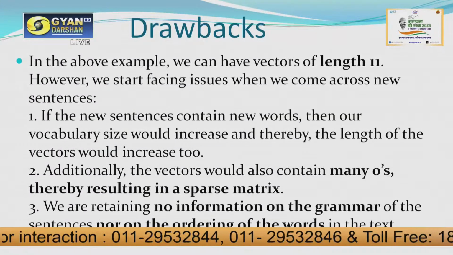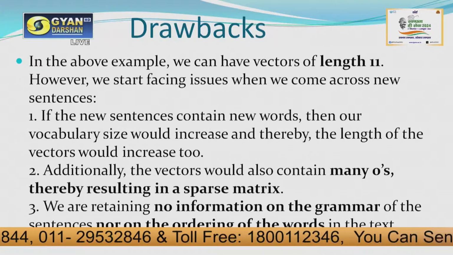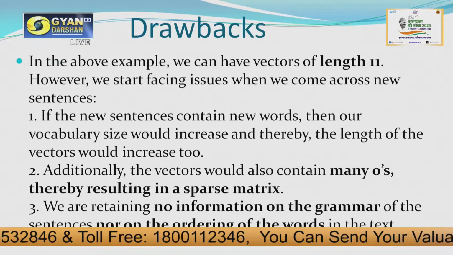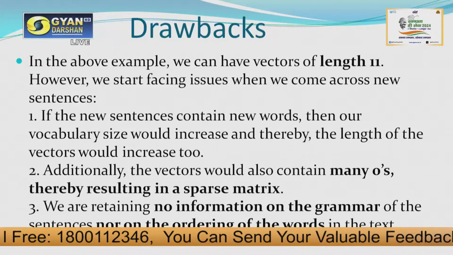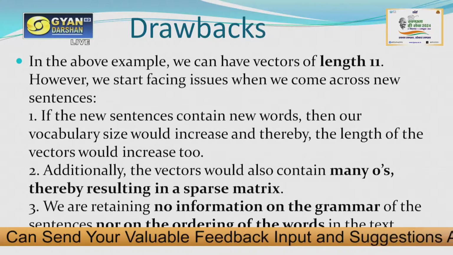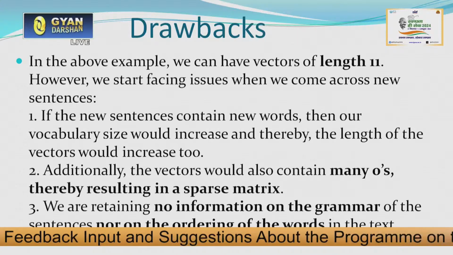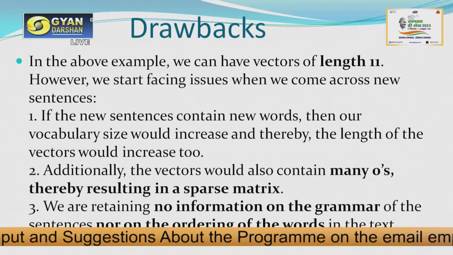As we said in the earlier slide, the drawbacks are as follows. Whenever the document size increases, if a new sentence contains new words, then the vocabulary, or the list of unique words, will also increase, and thereby the length of the vectors will increase accordingly.